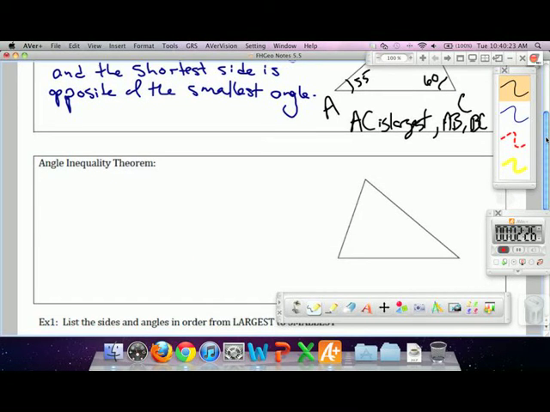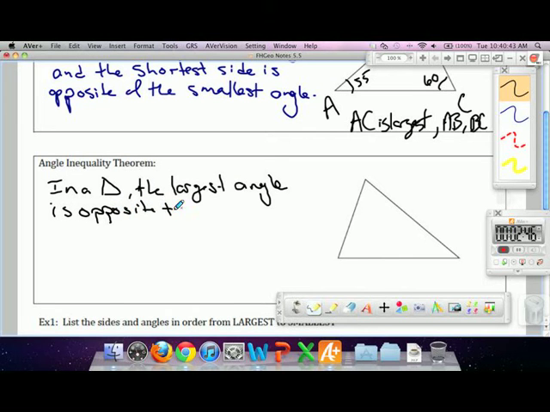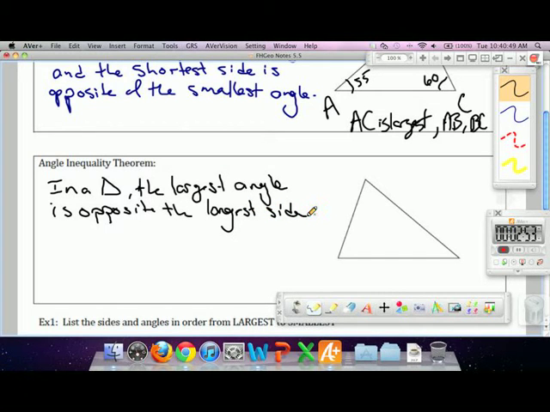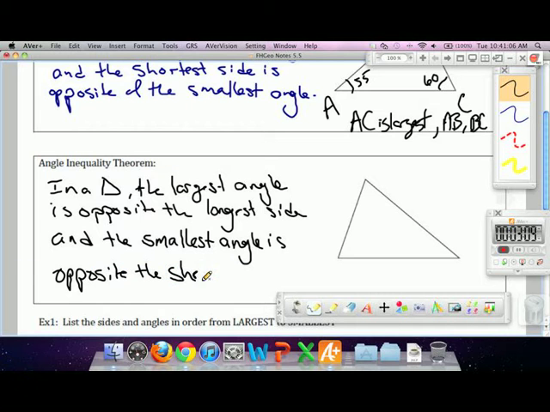It says that in a triangle, the largest angle is opposite the longest side, and the smallest angle is opposite the shortest side. Again, these things are extremely similar.